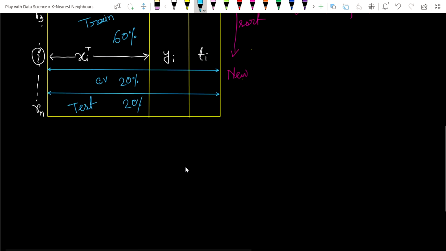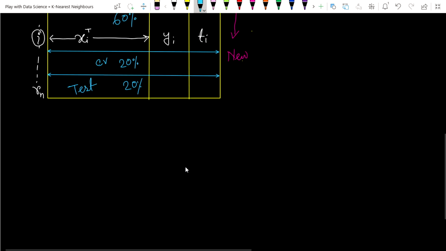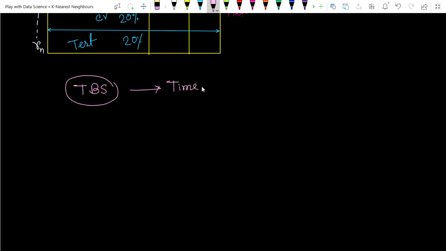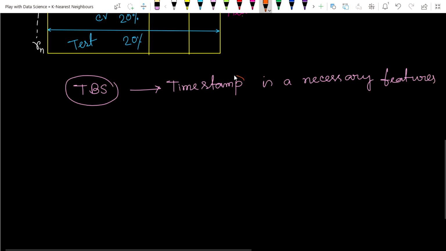So let's see. In TBS, time based splitting, the timestamp is a necessary feature. It is the most necessary feature, the main thing.